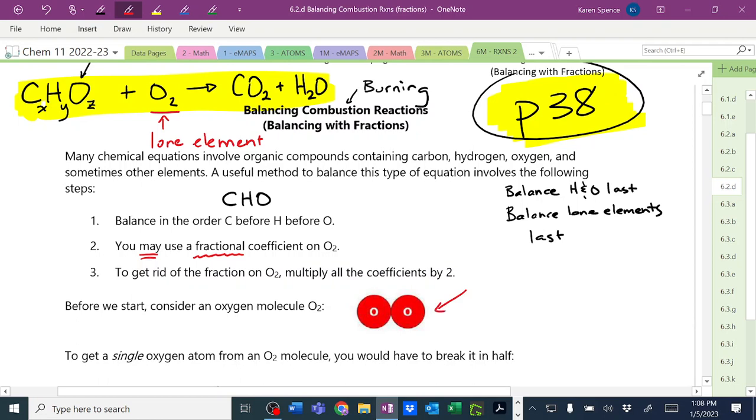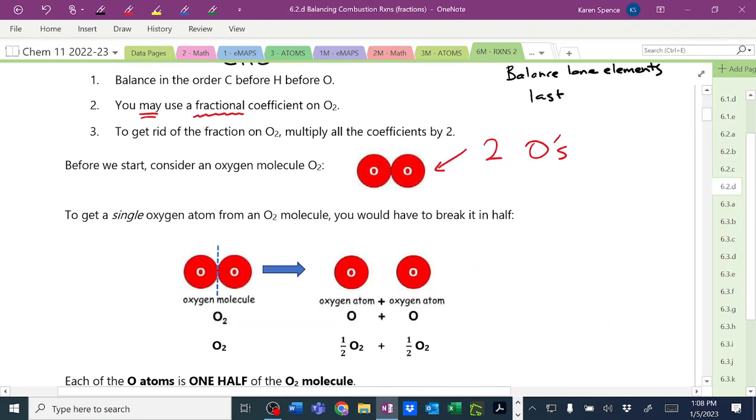How many O's are in oxygen? 2. There's 2 O's. What could I do to that molecule to get 1 O? I could break it in half, right? So if I split it in half, this right here, that's a half of an O2.